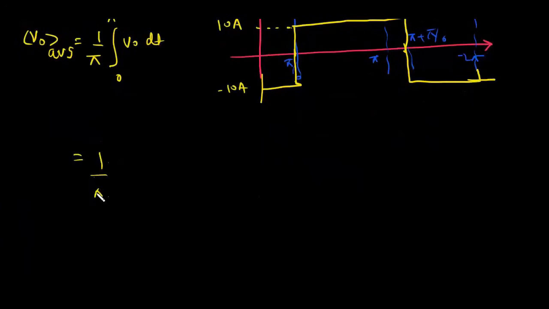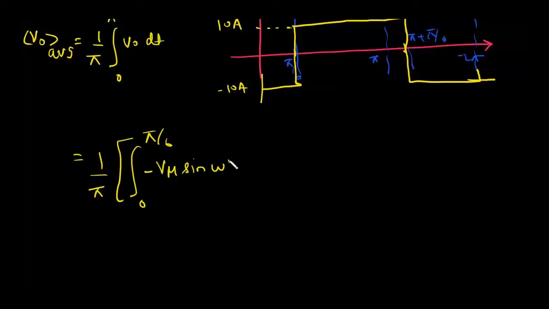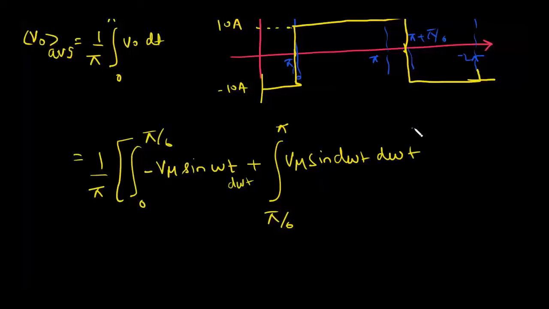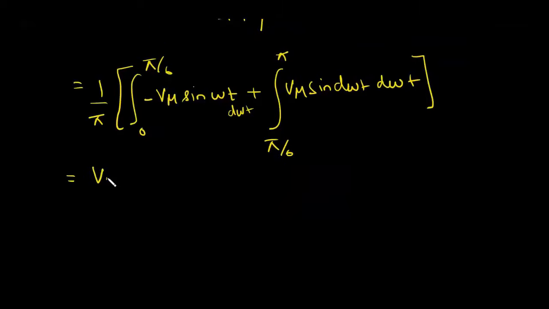Or you can write, from 0 to pi by 6 V naught is equal to minus VAC, that is minus Vm sin omega t, and from pi by 6 to pi V naught is equal to VAC, that is Vm sin omega t, into d omega t. You can take Vm outside, Vm by pi.